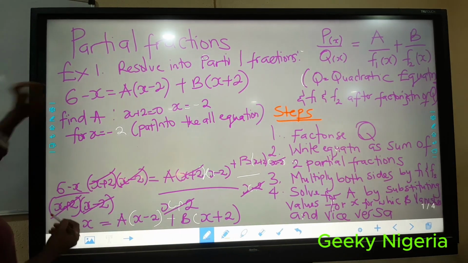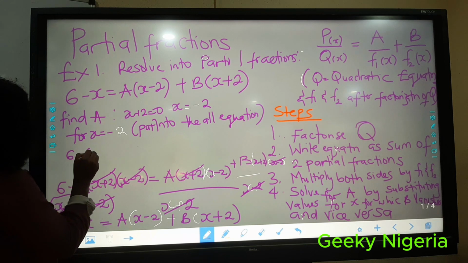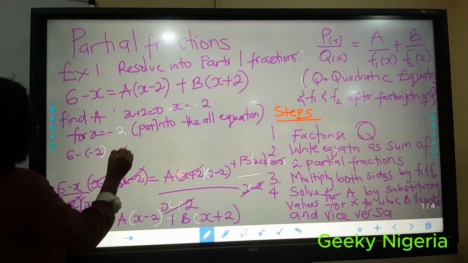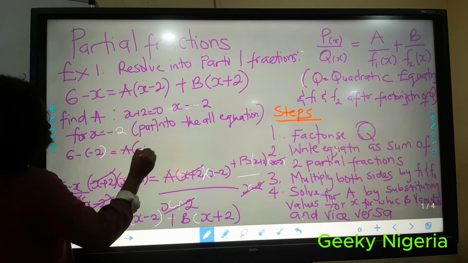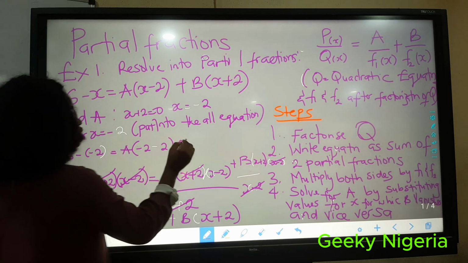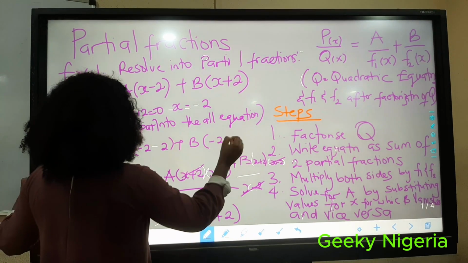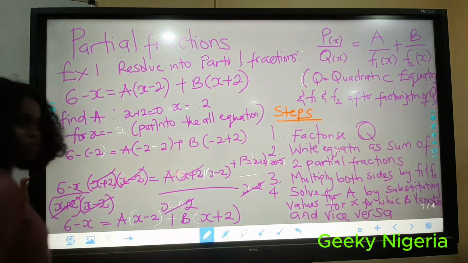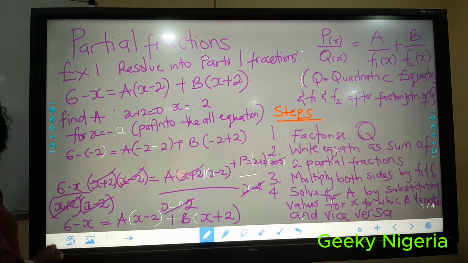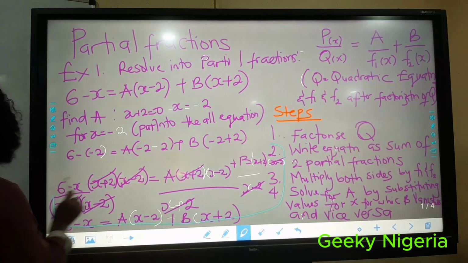We're having x equals minus 2, so we're having 6 minus (minus 2) is equal to A(minus 2 minus 2) plus B(minus 2 plus 2). You see with this, minus 2 plus 2 is 0. That's how we are eliminating B. So, let's continue.